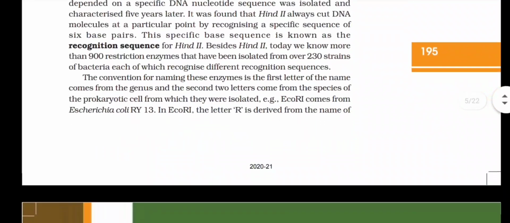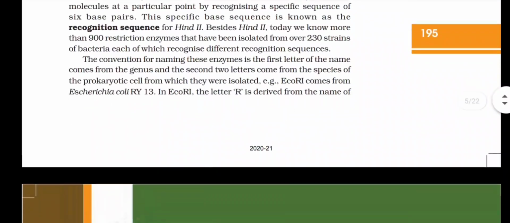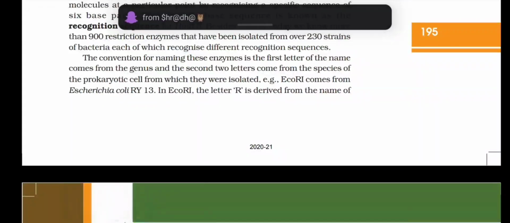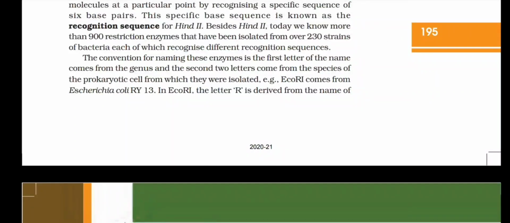This specific base sequence is known as the recognition sequence for HindII. Besides HindII, today we know more than 900 restriction enzymes. Remember, that's going to come in NEET. These 900 restriction enzymes have been isolated from over 230 strains of bacteria, each of which recognizes different recognition sequences.